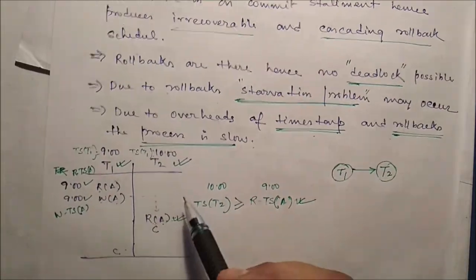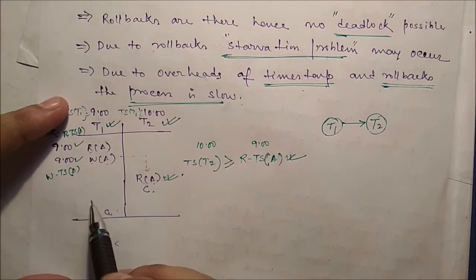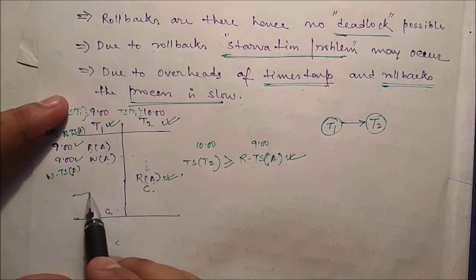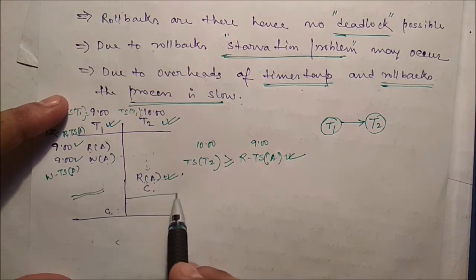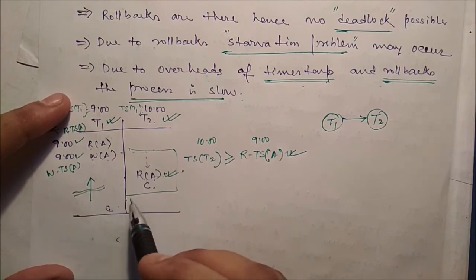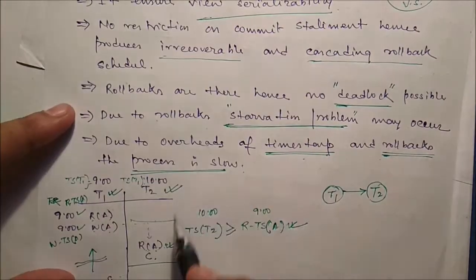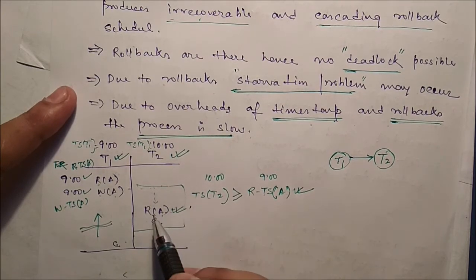Now you can see the commit operation is somewhere here and here. If any failure occurs here, the execution of this transaction is complete, but T1 will roll back. That means it is irrecoverable. This particular transaction is irrecoverable.